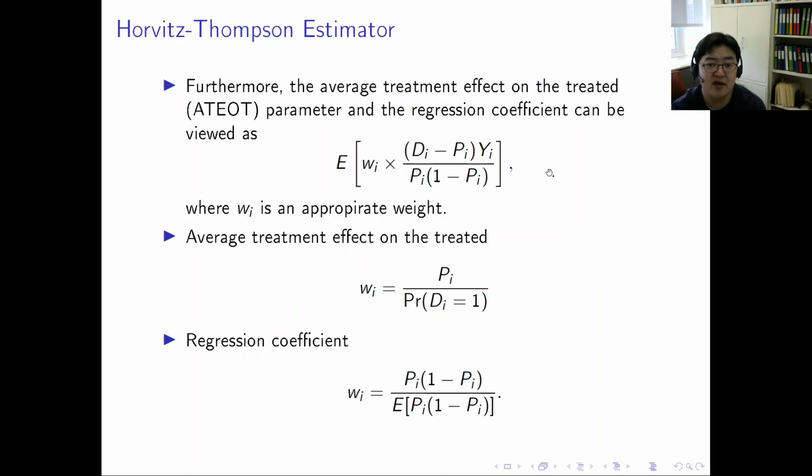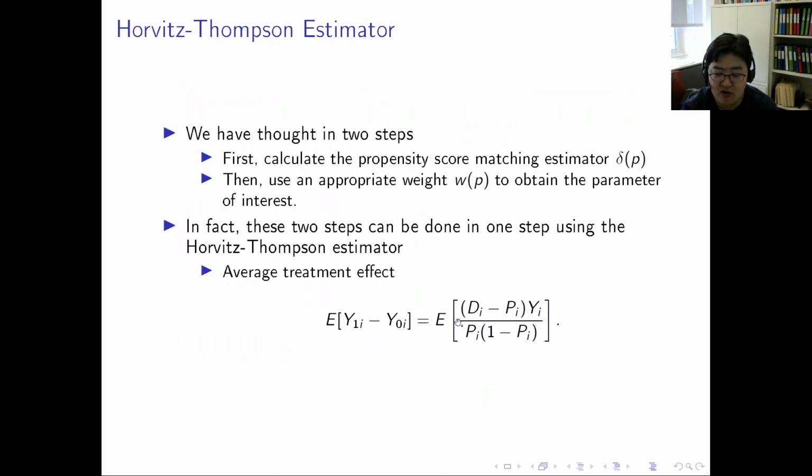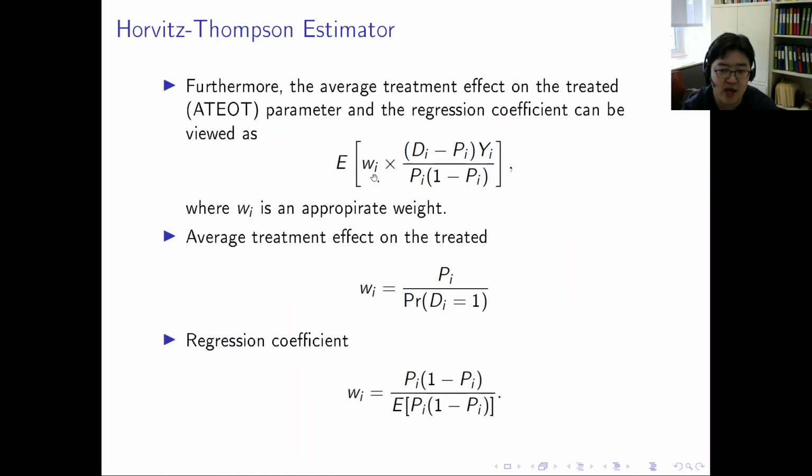Furthermore, we may do a similar thing for the average treatment effect on the treated, or the regression coefficient in a similar way. In general, you may write this as, so remember, this is just expectation of this guy, but if you put some weights inside the expectation, then depending on this weight, the parameter can become average treatment effect on the treated or the regression coefficients.